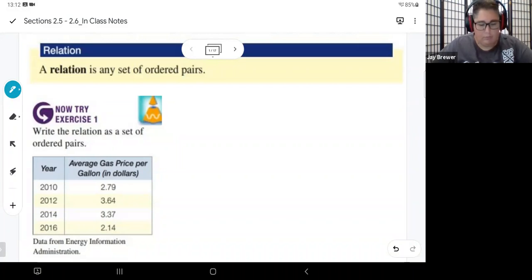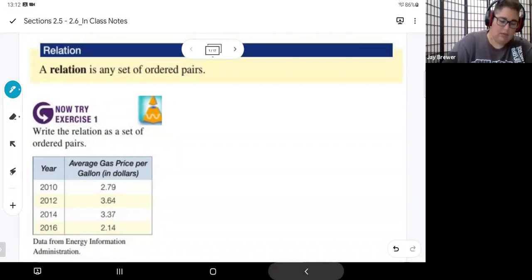So the first problem we have here is we are told what a relation is. A relation is any set of ordered pairs, and then we have a nice example to go along with it. So for exercise 1, we want to write the relation as a set of ordered pairs.